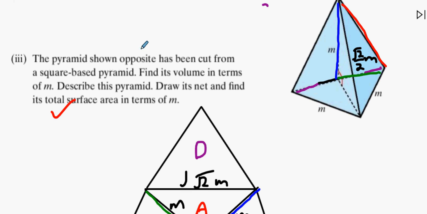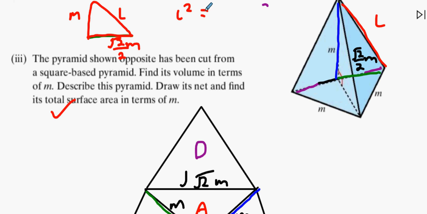Alright guys. So we're calculating the red side now, okay? So m in height, root 2 over 2 is just m over root 2, isn't it? But we won't complicate things. Root 2 over 2 m, and we're looking for L. L squared equals m squared plus root 2 over 2 m squared.